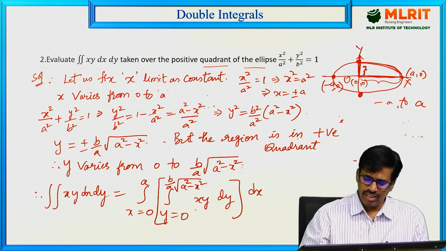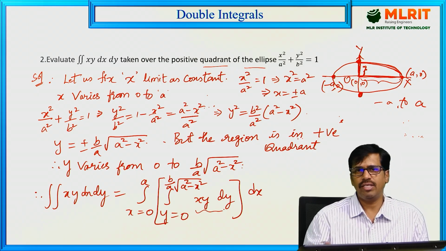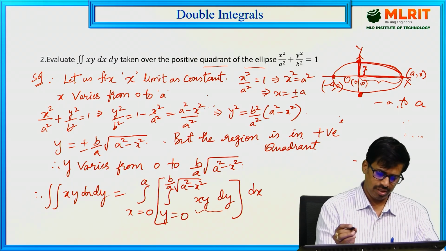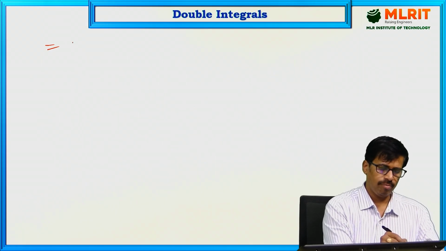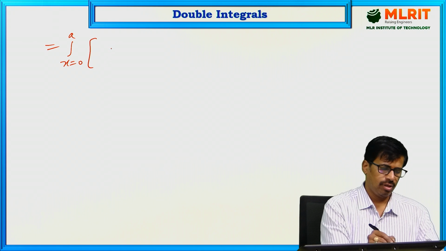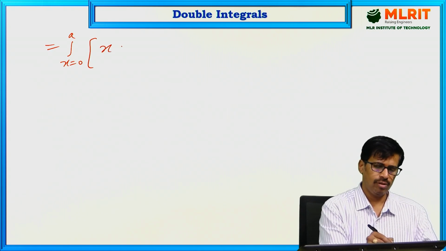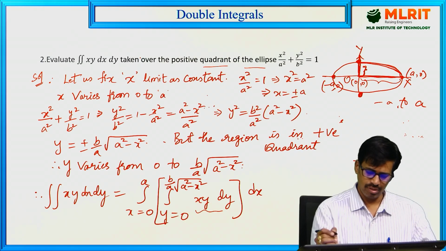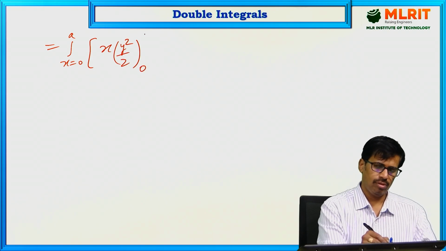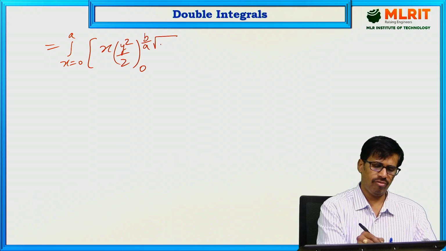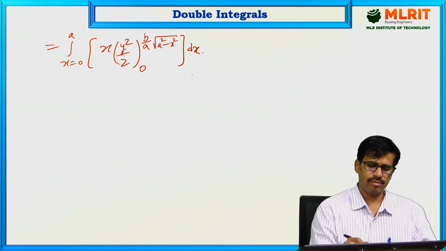So what is the integration of xy dy? x into y square by 2. So this is equal to x from 0 to a, x into y square by 2, and y limits are 0 to plus b by a under root of a square minus x square, dx, right?